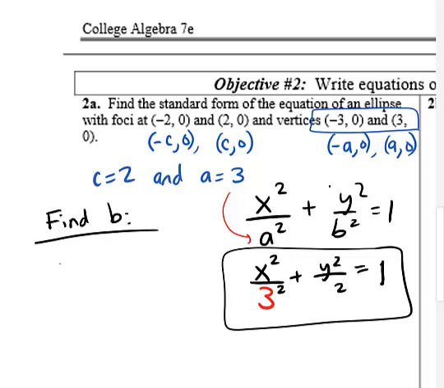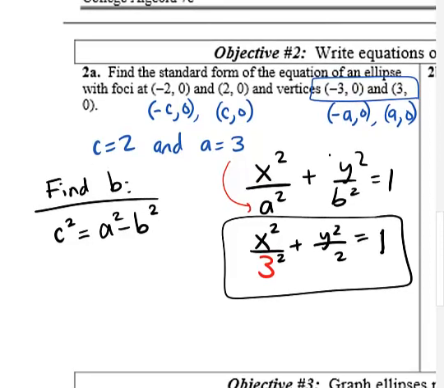Okay, well we know the equation that relates c and a and b. It must be c squared equals a squared minus b squared. And I know that's the one. It's not b squared minus a squared, it's this one, because this is going to be a horizontal ellipse.